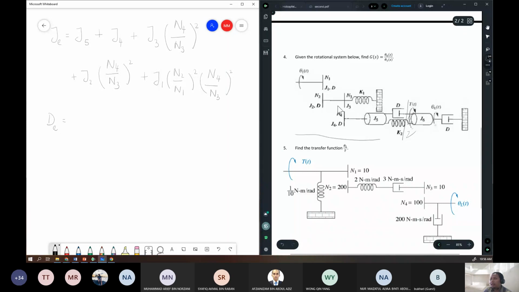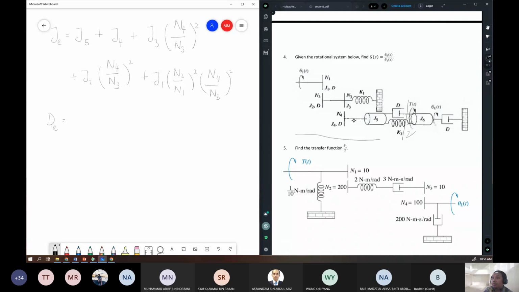But differently from J, you can add to J5 because J5 is not connected with J6. Okay, tetapi the D damper here, and the spring K2 here is connected with J6. So if you transfer the D's, you have to introduce a new damper, okay, a new damper.